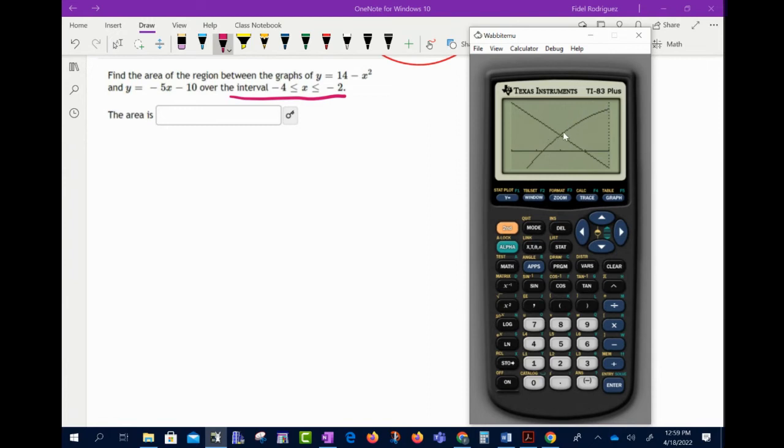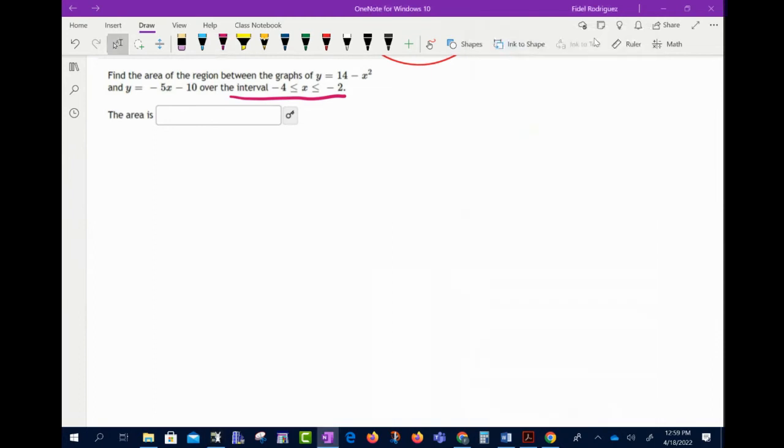But if I'm trying to find the area, say over here, wouldn't the line be my top function? Okay, so I need to figure out a couple things because I don't know which is my top function yet, my bottom function. Let's try setting the two functions equal to each other so we can find those limits of integration.